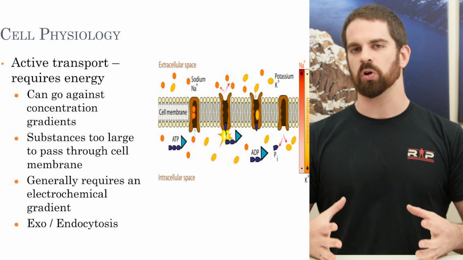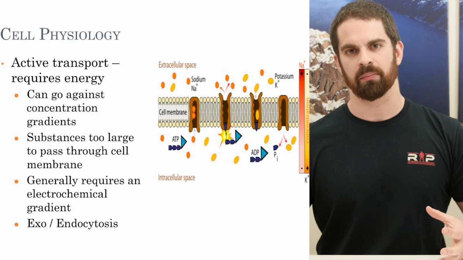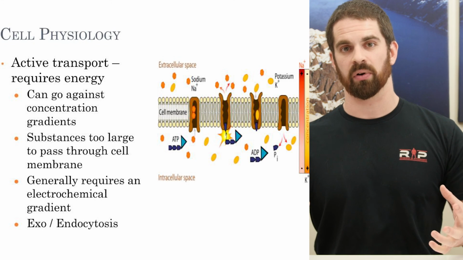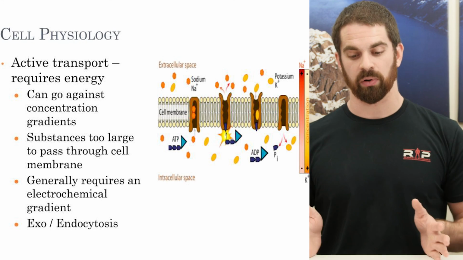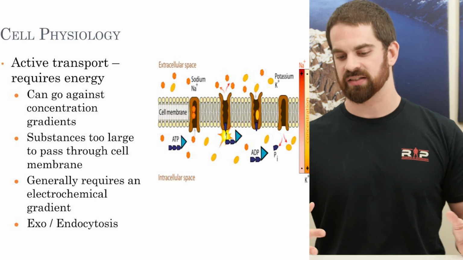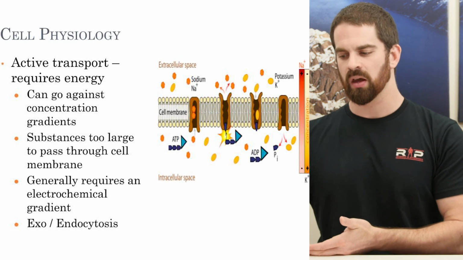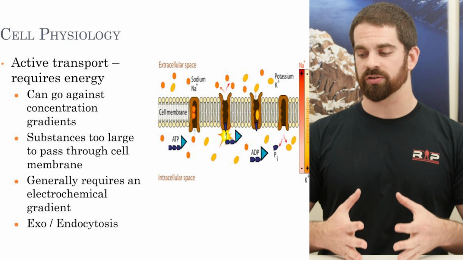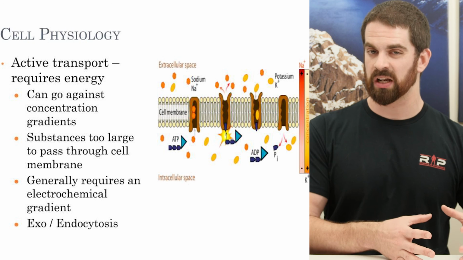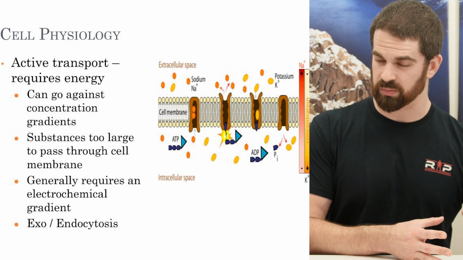For some things that are too big, like glucose or fat molecules, sometimes they're just too large to pass through the cell membrane. They actually require some type of protein gate channel to move in, which requires energy to be put into that system to allow them to pass through. They usually require also some type of electrochemical gradient. So we said usually a concentration gradient was required for passive transport.